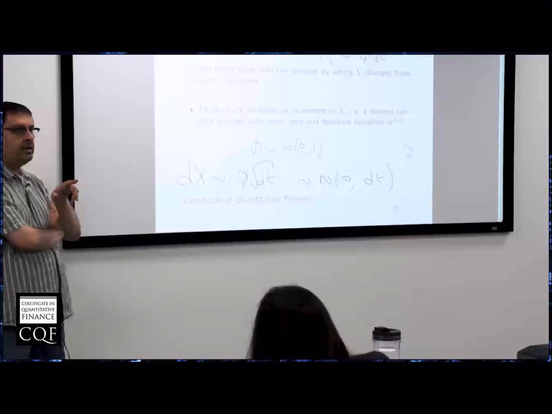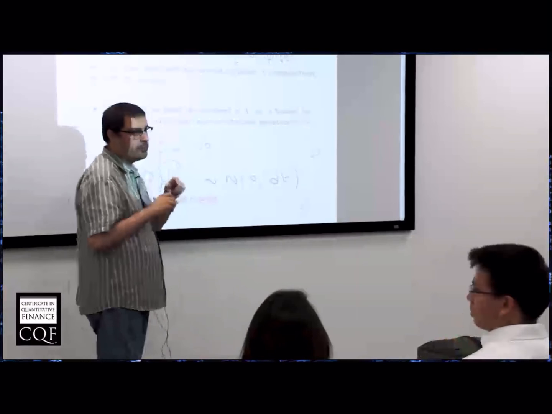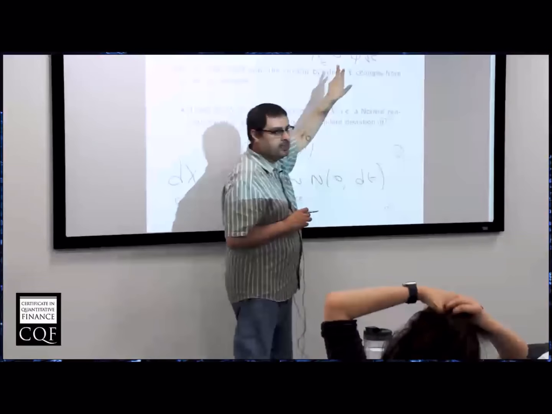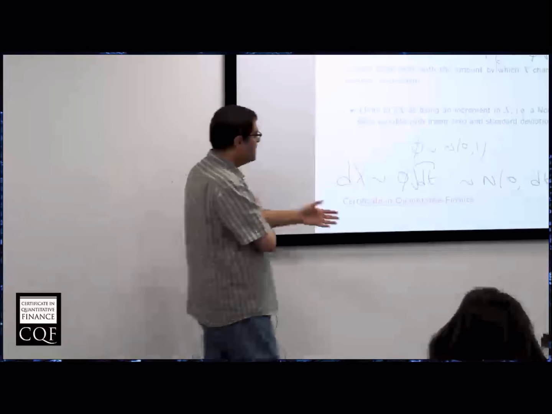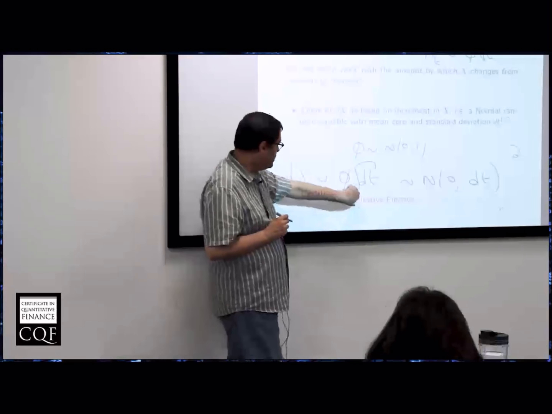And on Thursday, you're going to be bringing your laptops in. The first thing I'll show you after we've done all the maths is how to actually simulate this kind of behavior on an Excel spreadsheet. All we need to do is simulate this, which is easy to do, and then multiply it by the square root of the time step.